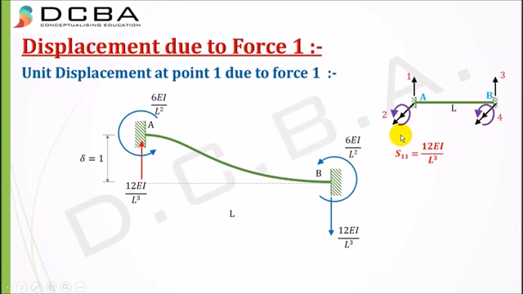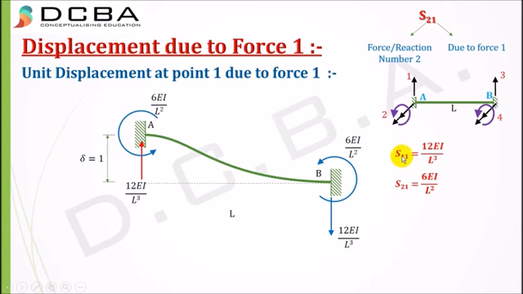Now the next element is S21, which is 6 EI by L square. What is S21? It is force or reaction number 2 due to force 1. The second digit is the force number due to which the displacement has taken place, and the first digit is where the reactions have been formed.